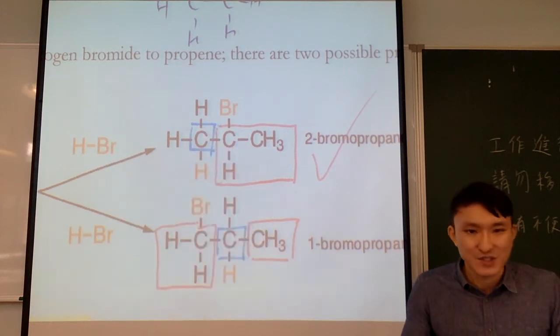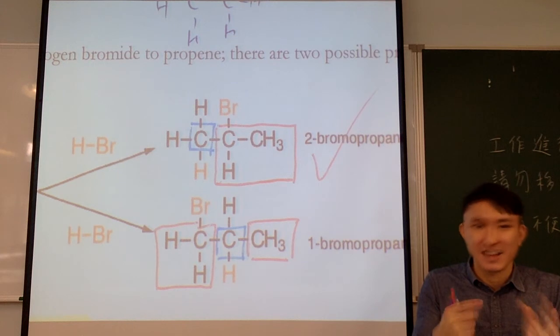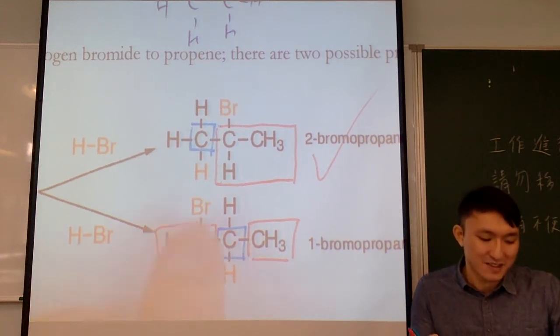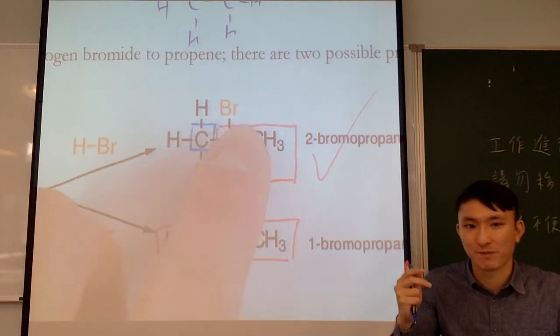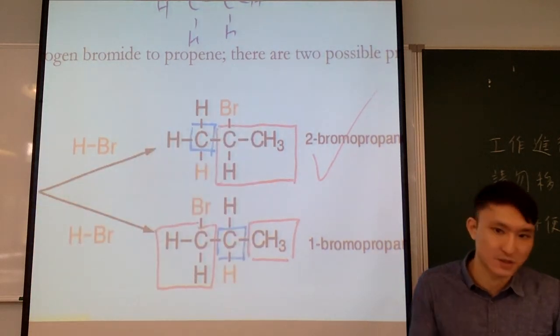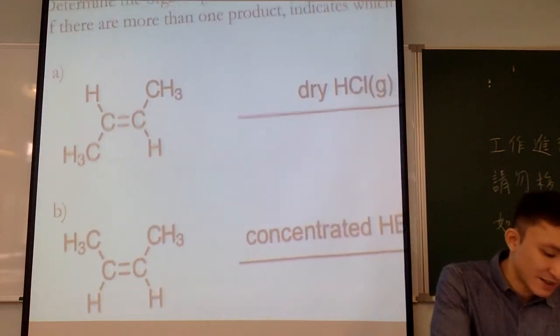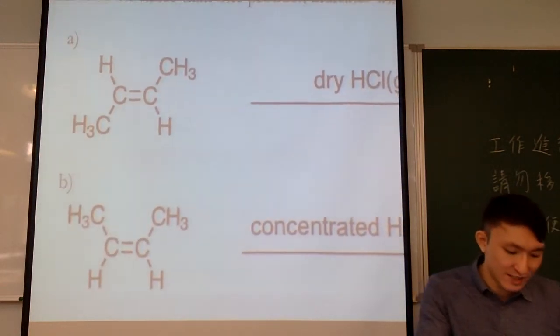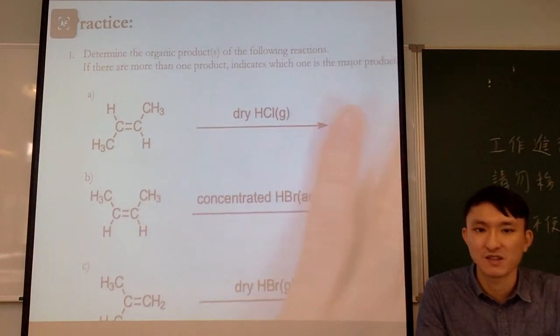So you can think about it either as the hydrogen atom added to the less substituted carbon or the bromine added to the more substituted carbon. So that's the idea. Practice question: let's do it by yourself. Pause the video, try the question.